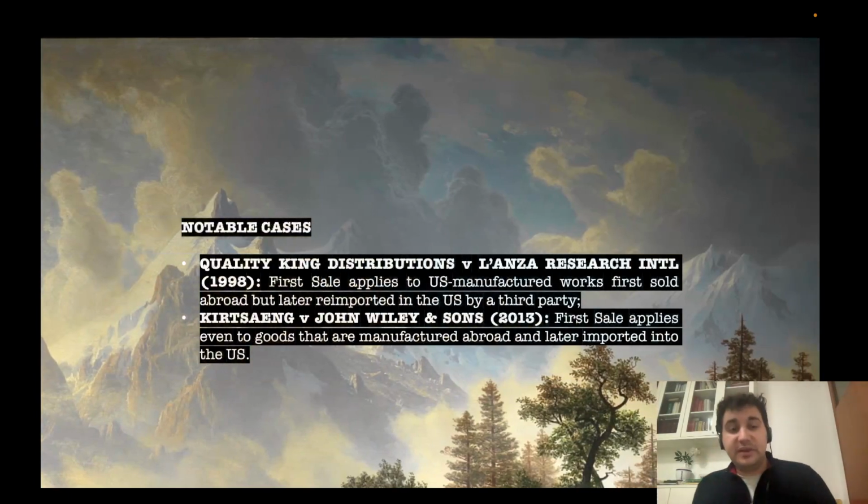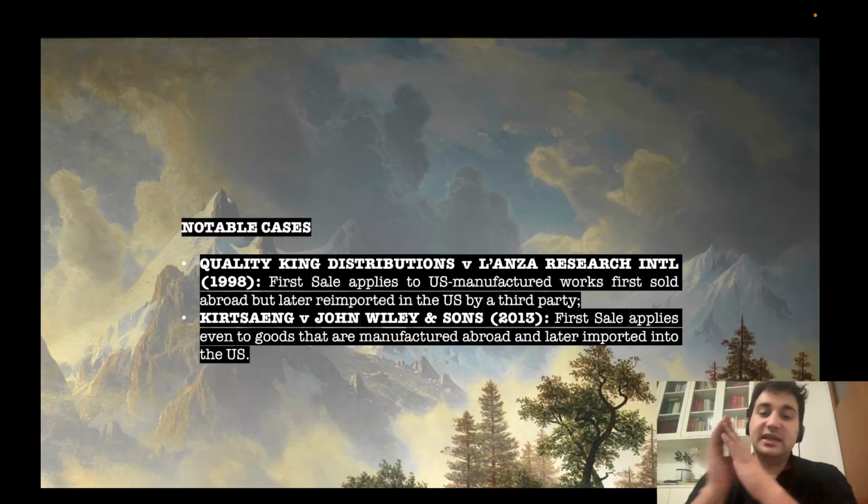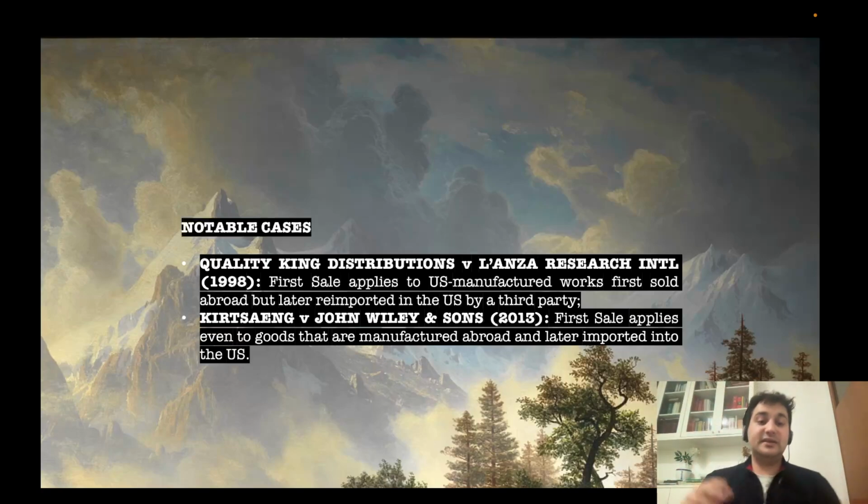Notable cases are, in 1998, Quality King Distribution versus Lanza Research International, in which the first sale applies to US-manufactured works first sold abroad but later imported into the US by a third party, while Kirtsaeng versus John Wiley and Sons of 2013 applies the first sale even to goods that are manufactured abroad and later imported into the US.